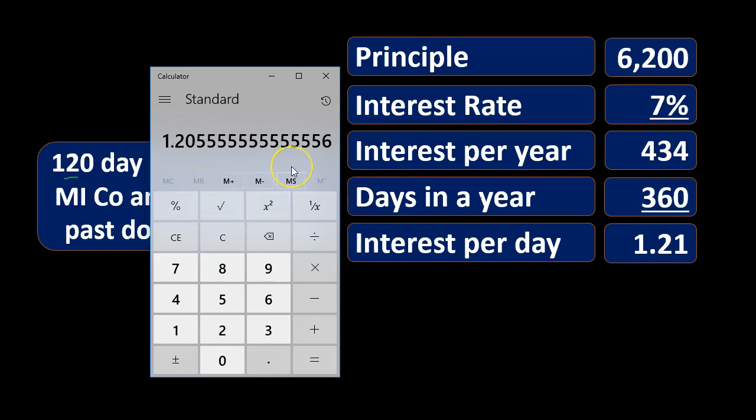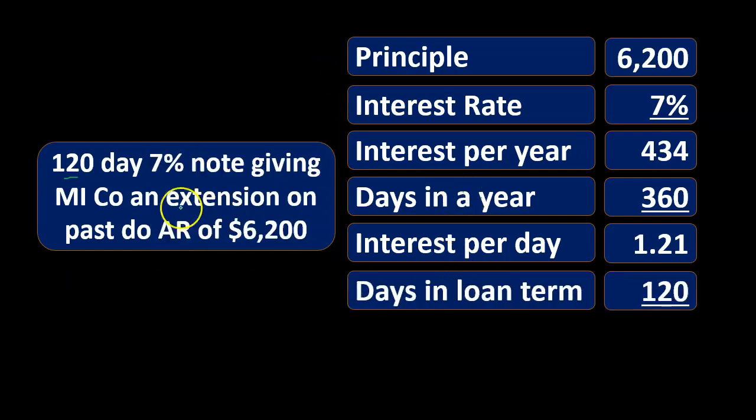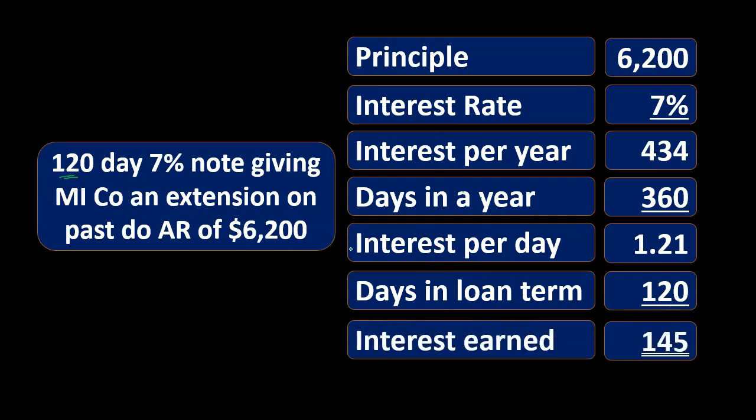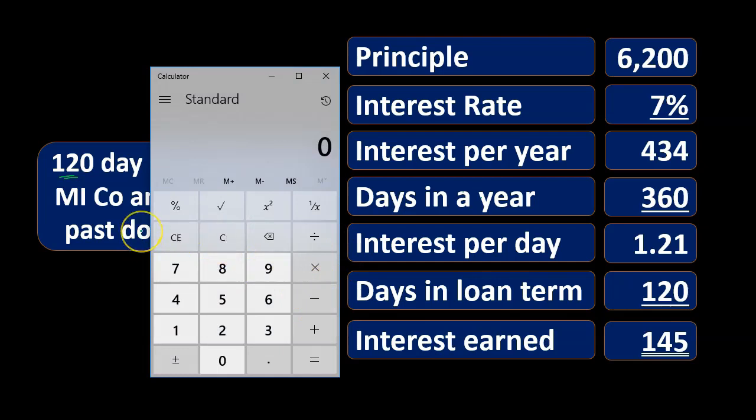We have to deal with rounding. That's okay. For each day. So then we're going to take that 1.21 multiplied by the number of days in the loan, 120 days, to give us the 145.